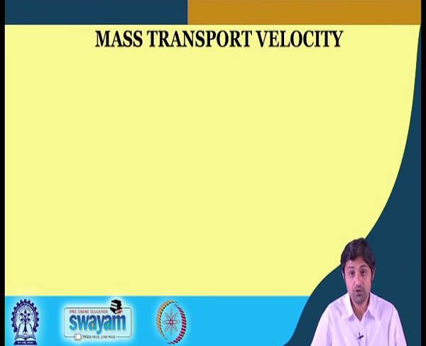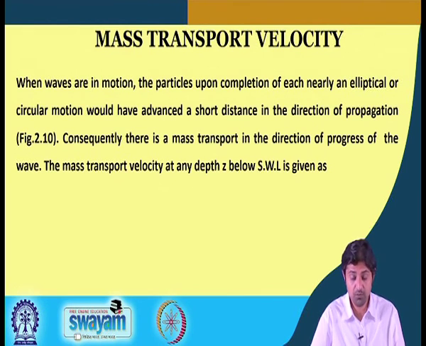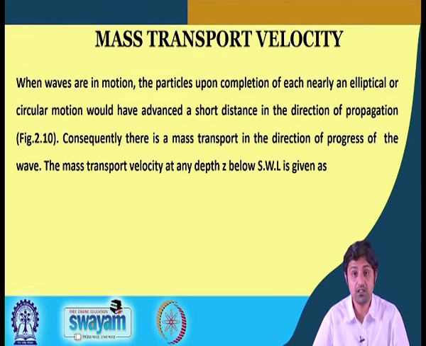All right. So, this is the last topic. The derivation is outside the scope, but what you must understand is that when waves are in motion, the particles, upon completion of each nearly elliptical or circular motion, would have advanced a short distance in the direction of propagation of waves. You can check it from those equations as well.